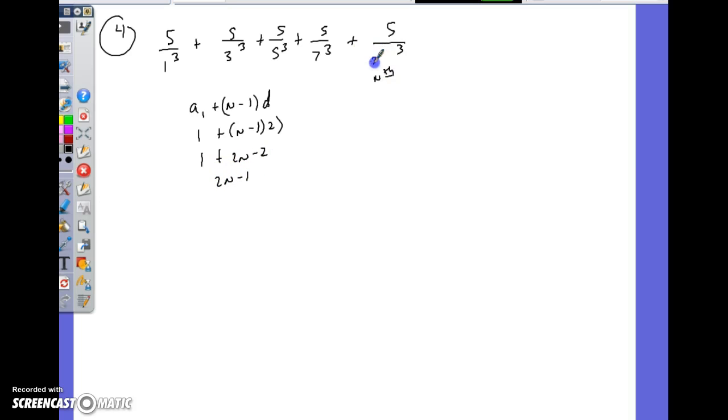So this becomes 2n minus 1 cubed. Ew. That's going to hurt us later. So then the next term would be 5 over 2 times n plus 1 minus 1, cubed. Love it. So far so good.